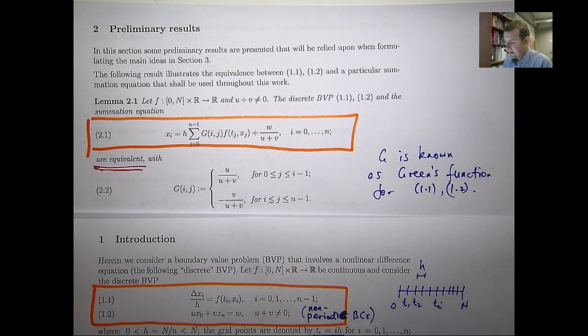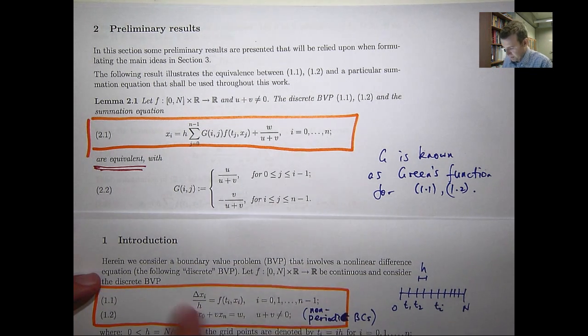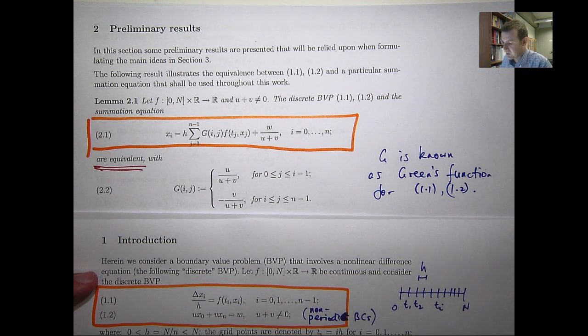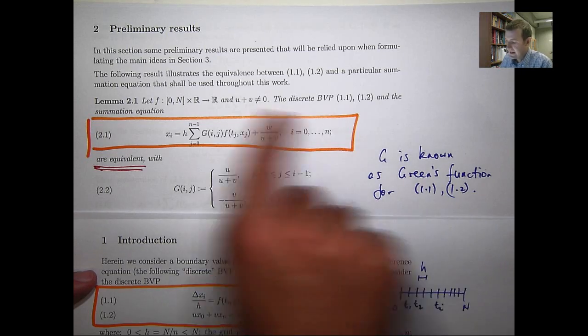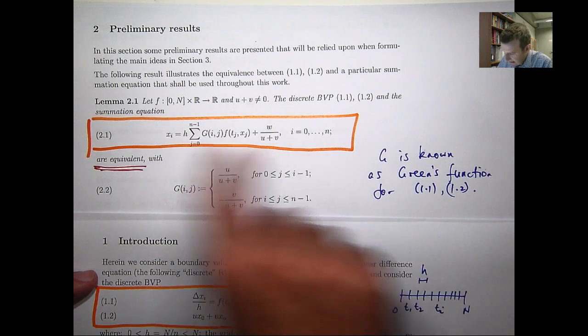Well, in the proof of the main result in fixed point approaches, we don't actually treat this problem directly. We convert it to an equivalent summation equation and then work with that. So this is actually what we're going to work on rather than this.